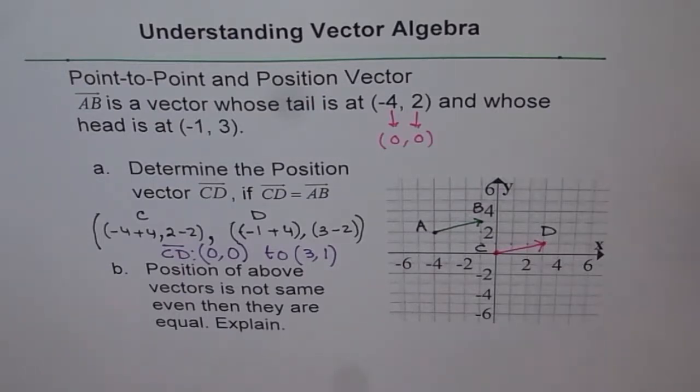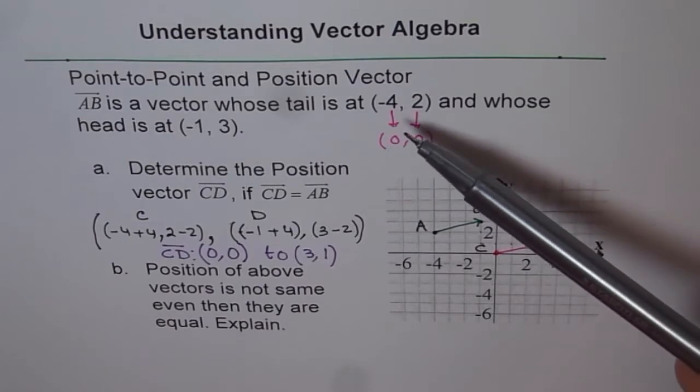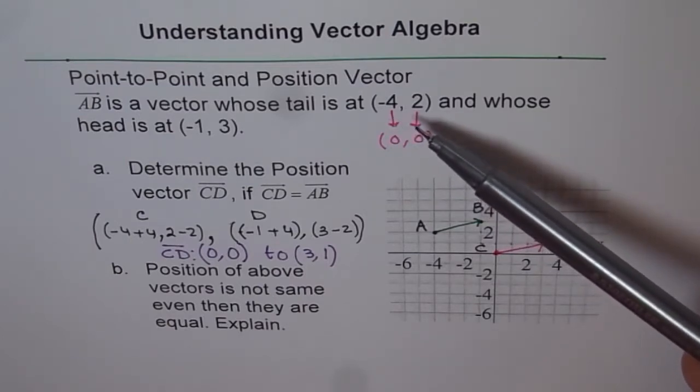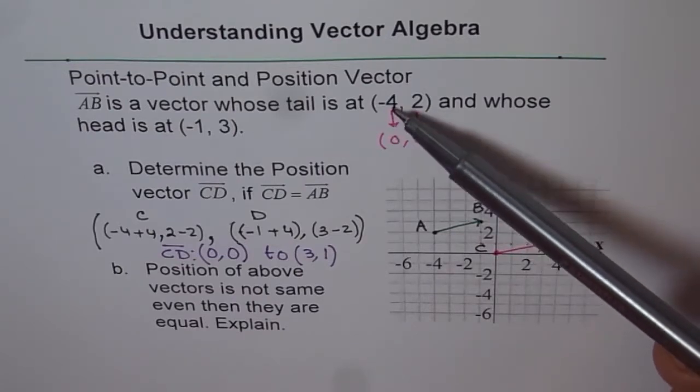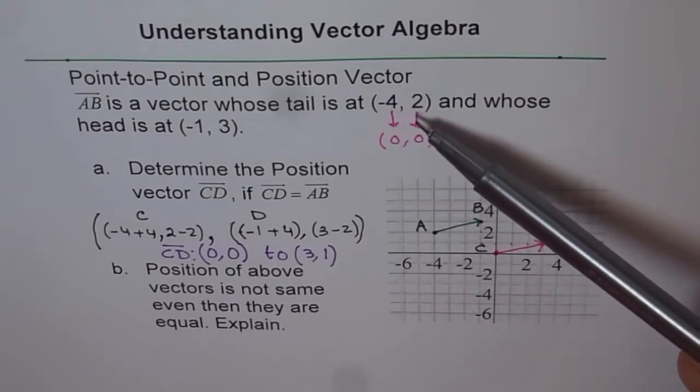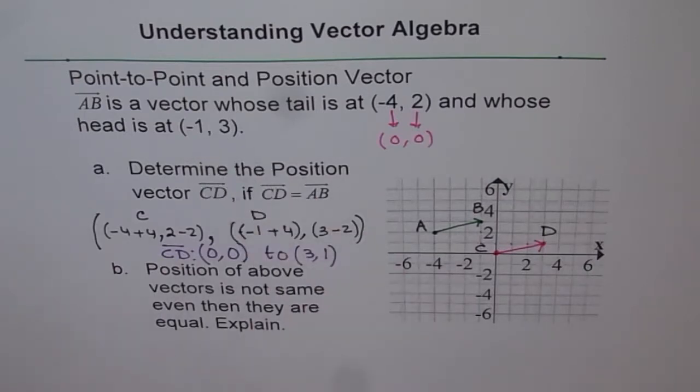So whatever the coordinates of the tail are, if it is -4 and 2, we have to add 4 and -2 to get the head translated to the respective position, right? So you could do it like that also. So basically, we are translating our vector, anywhere given on the coordinate plane, to a position with tail at origin.